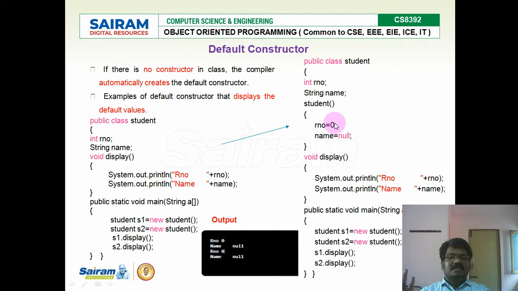If it is an integer, 0 is initialized. If it is a string, it is initialized as null. If it is another type, for example a double, 0.0 will be initialized automatically. So that is the duty of the default constructor: initialize the variables for the object. That's about the default constructor.